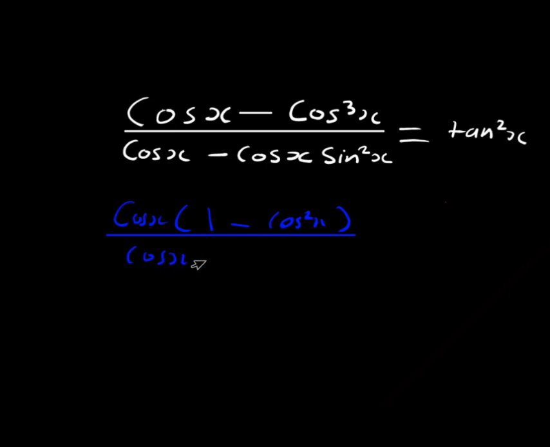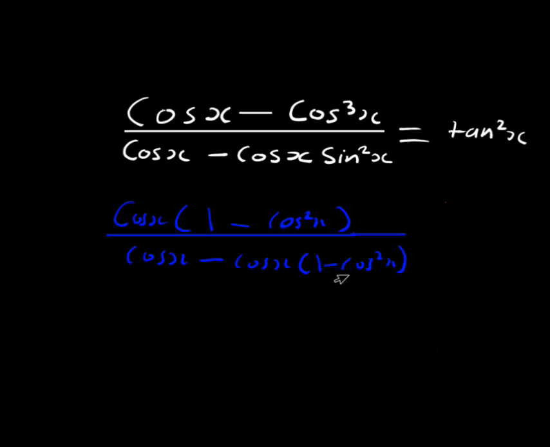Because I assume that you know the factorizing method. Besides, we applied it at the numerator. So at the denominator, let me apply the changing method. So this is going to be 1 minus cos squared, right? It's a must to know both of them because sometimes the factorizing method doesn't work and the changing method works. So now notice that I factorized at the numerator. At the denominator, I changed.